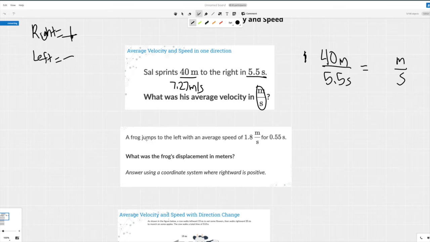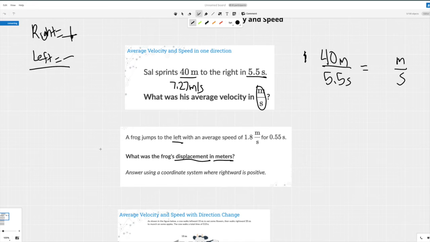A frog jumps to the left with an average speed of 1.8 meters per second for 0.55 seconds. Okay, so it's a similar question, except it's asking for a little bit different things. It's asking for the displacement. The units need to be in meters. And it jumps to the left. And if we go over here, left is equal to negative.